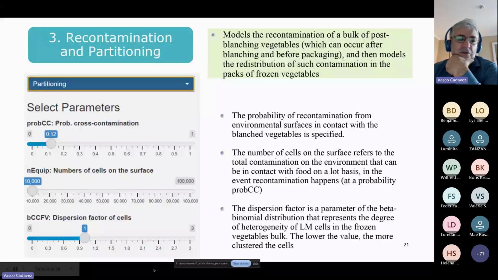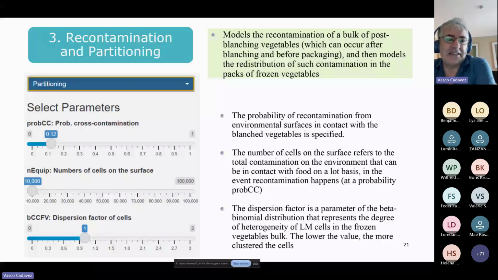And of course, we also have what we call the dispersion factor of cells. If the cells are dispersed or aggregated, this can have an effect on the number of bags that will be contaminated. So you can model these aspects too. This is in fact a recontamination stage where the bags can be recontaminated, and we are calling this recontamination.